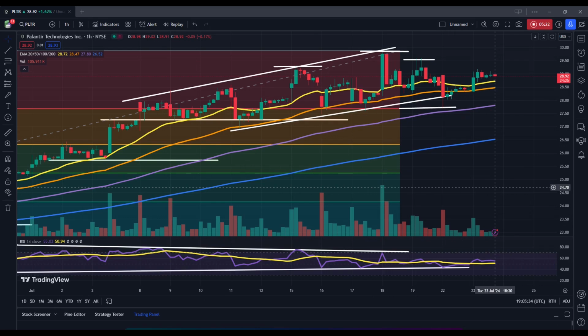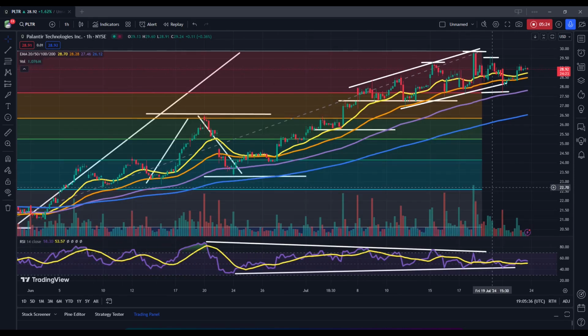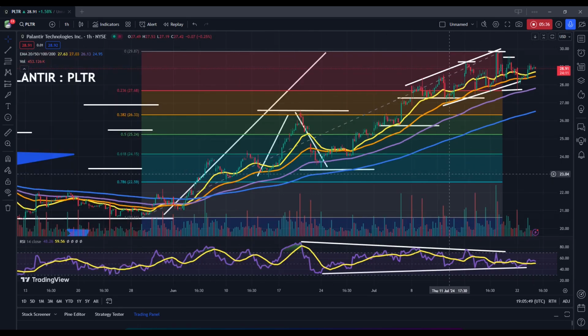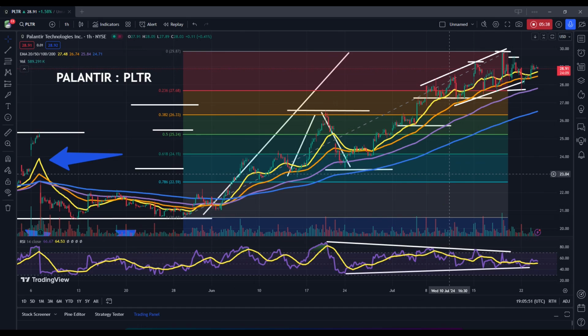Overall, the broader trajectory here does remain to the top side. However, there are several major stocks in the technology space that have been sold off strongly quite recently. So we can't just expect Palantir to be immune from that type of selling pressure. We do have to remember, on a price to earnings basis, this is a very expensive stock. A lot of people are focused on just the share value itself.